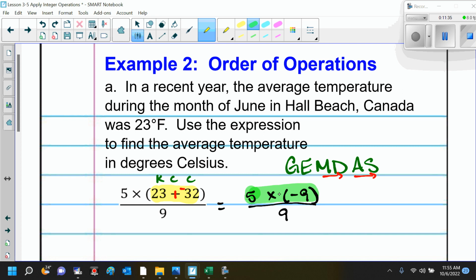So that means I have to do the stuff on top next. So 5 times negative 9 is negative 45. Remember, positive times a negative is a negative. So that's negative 45. And we're going to divide that by 9, which gives us, beautiful.